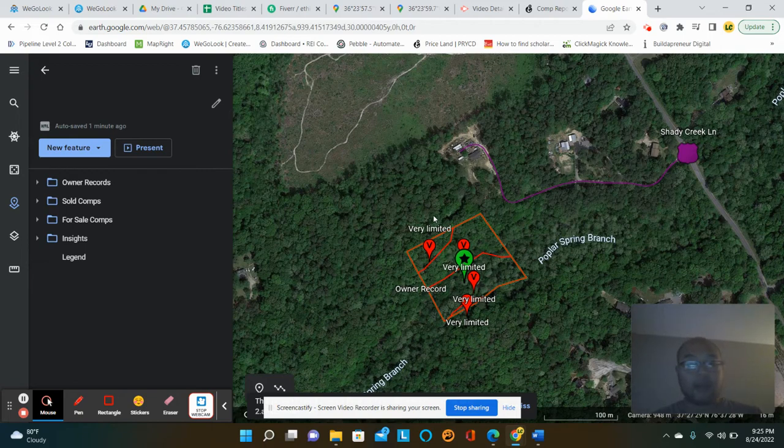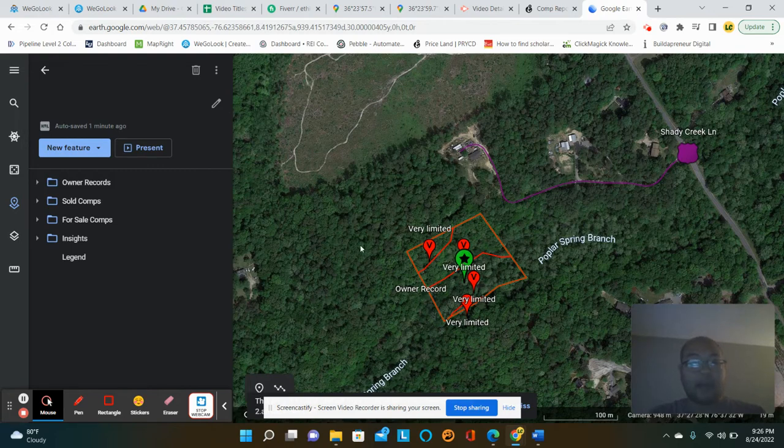I've sold landlocked properties, but generally I found that they just take a little bit longer to sell. So unless you're buying it at 20 cents on the dollar, maximum 25 cents on the dollar, I don't go anywhere near it. I don't even bother with it. If I see it, I'm just like, yeah, I'm not interested.